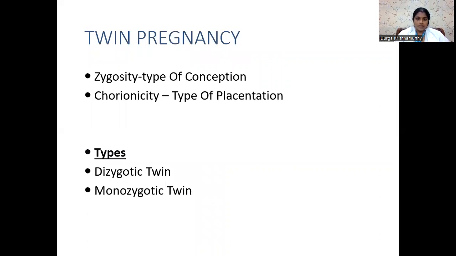In twin pregnancy, depending upon the zygosity, that is the type of conception, we have different classifications like dizygotic twinning and monozygotic twins. Depending on the chorionicity, which is the type of placentation, we have dichorionic or monochorionic pregnancies.